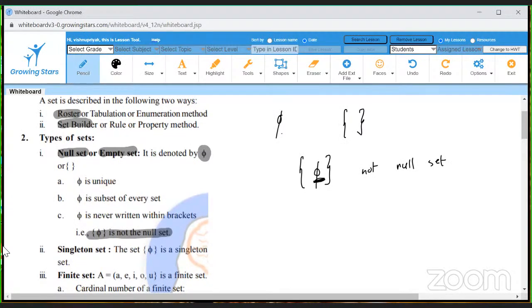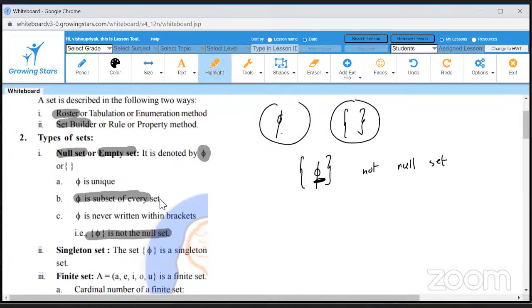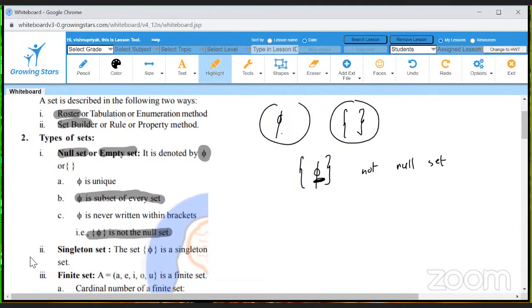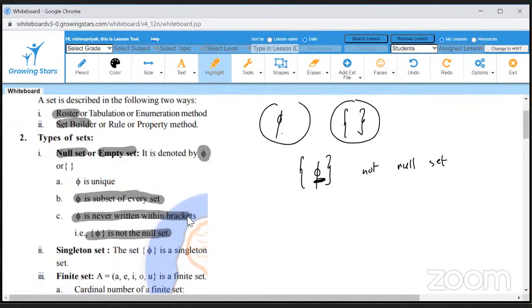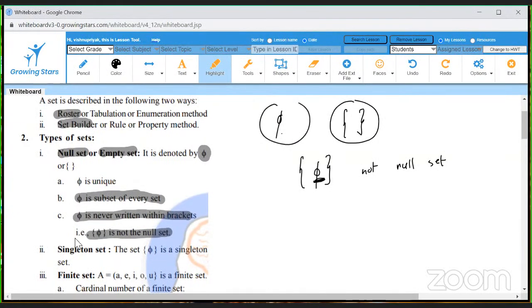So this you can't call a null set. A null set means like this or like this. Then the null set is a subset of every set. Phi you should never write inside the brackets. Like this you should not write.